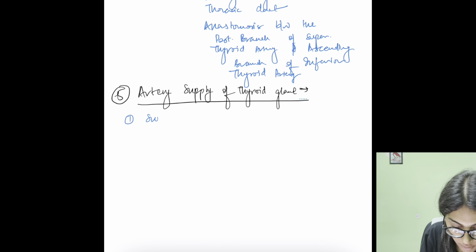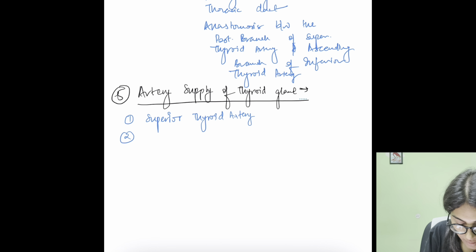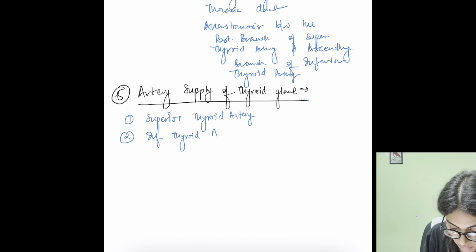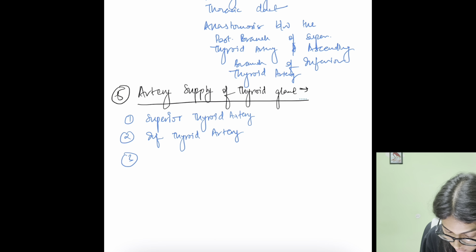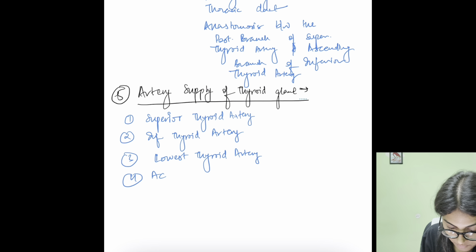First is the superior thyroid artery. Second is inferior thyroid artery. And third is the lowest thyroid artery. Fourth is accessory thyroid artery.